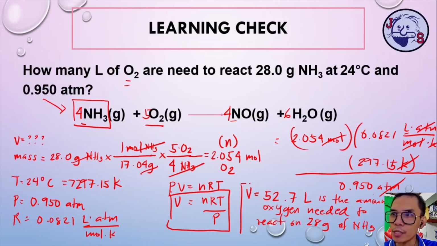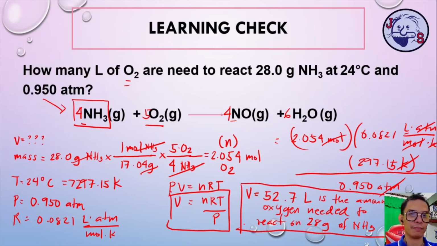So that is the final and complete answer. I will remove myself there so you can see the answer: 52.7 liters is the amount of oxygen needed to react on 28 grams of ammonia.